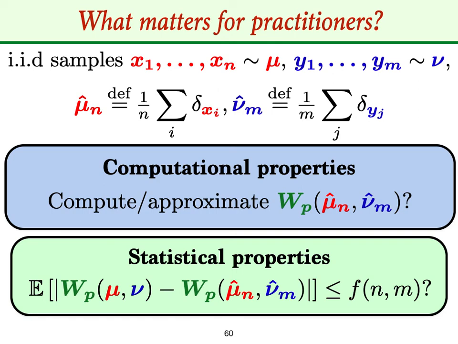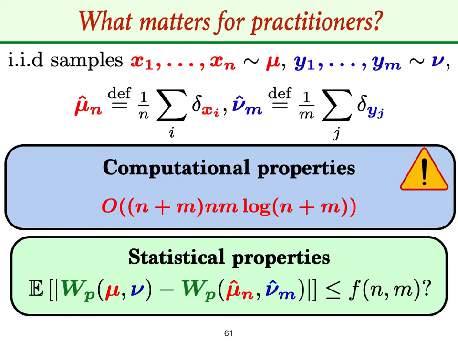So the first step is actually to compute things. And as I just told you, in the generic case, with arbitrary costs, the computation is pretty heavy. It's already cubic, so it's enough to scare most practitioners. The second problem that comes with using optimal transport in its linear programming formulation is what people call the statistical property, or the statistical complexity, of this approach.